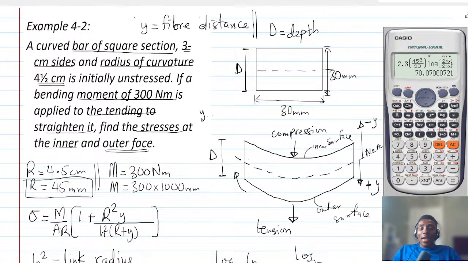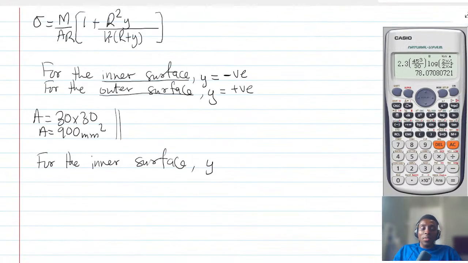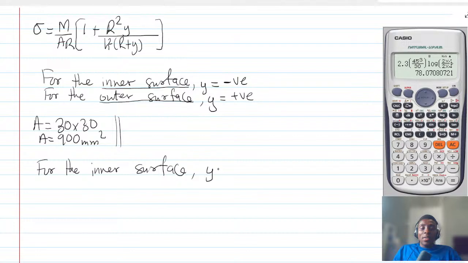The d is always the depth, so in this case it's 30, and y will be 30 over 2, which is 15 millimeters.